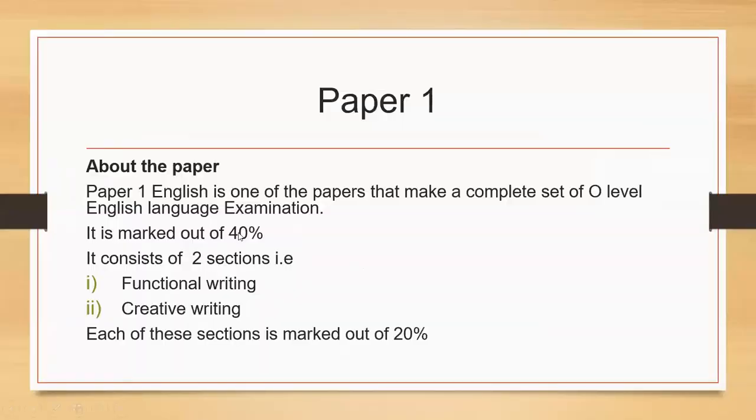If we would like to go through very fast what this paper is all about, it is marked out of 40, as you all know. It consists of 2 sections. We have functional writing and creative writing. Functional writing is section A and creative writing is section B. Each of these sections is marked out of 20.